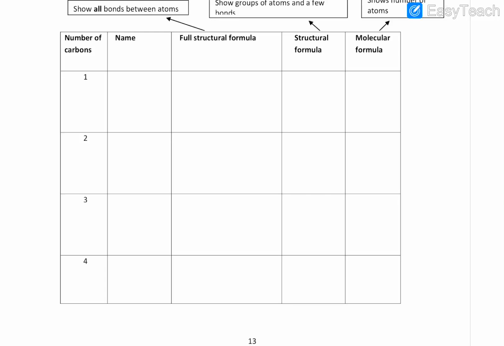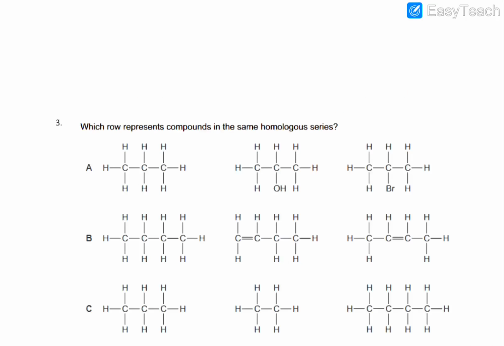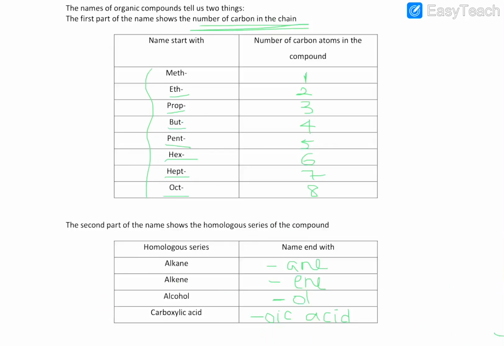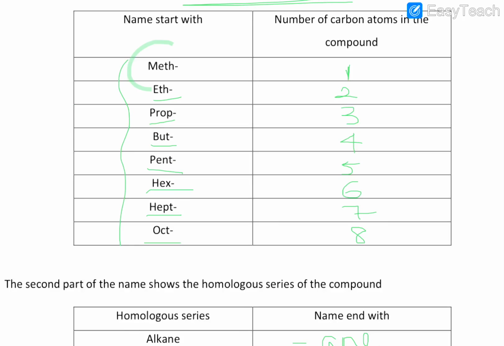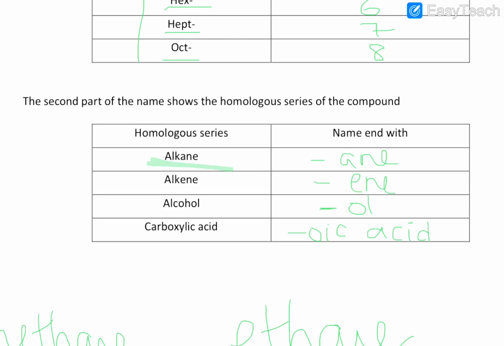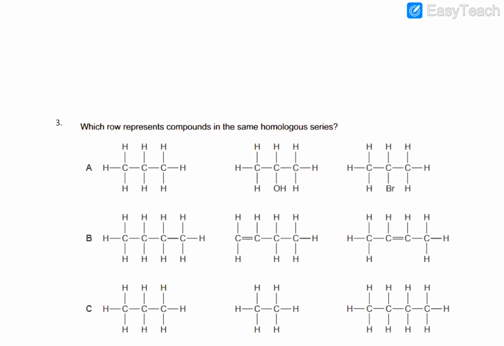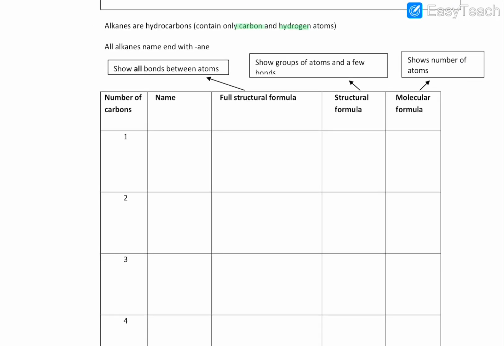Remember when we said that the start of the name tells you how many carbon atoms there are. Because we're looking at alkanes, everything will end with -ane, and we'll use the prefixes to say how many carbon atoms there are.